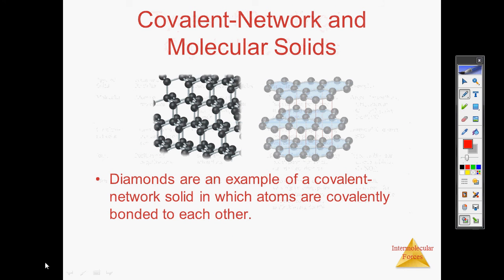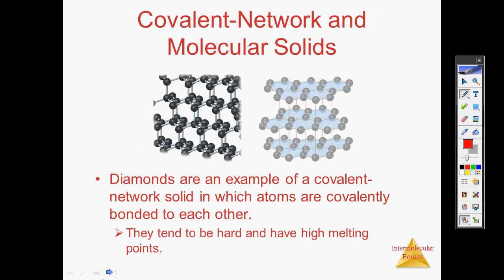Diamonds are an example of a covalent network solid in which the atoms are covalently bonded to each other, nice and tightly packed. Why do you think they're more tightly packed than graphite? High pressure. Where are they found? Deep underground. Where would graphite be found? Near the top, near the surface of the earth.